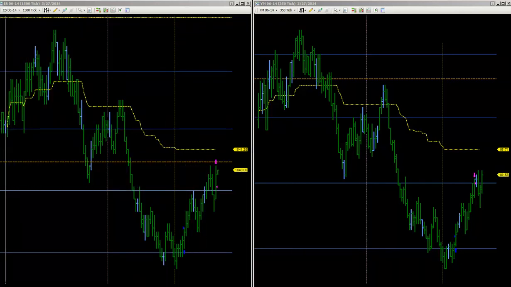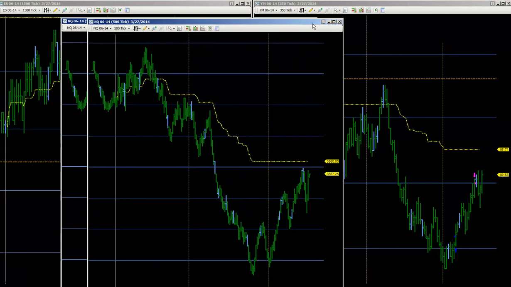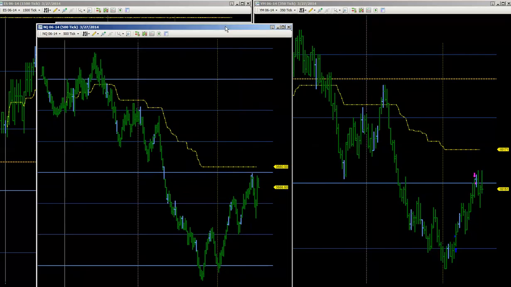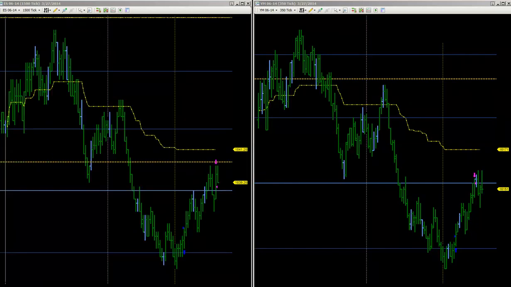No new highs in the NASDAQ yet. We're having a little trouble at this full move line being reinforced by this walking baseline. If we do get above that, we could keep this rally going to the upside.